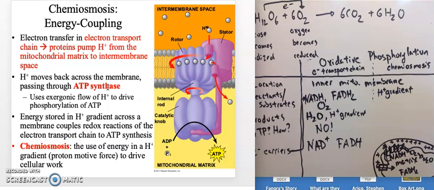And when this happens, it actually rotates, and that rotational energy is used to phosphorylate ADP and form ATP. So this process of using a hydrogen ion gradient to do work is called chemiosmosis. And so ATP synthase accomplishes chemiosmosis to make most of the ATP our cells use.